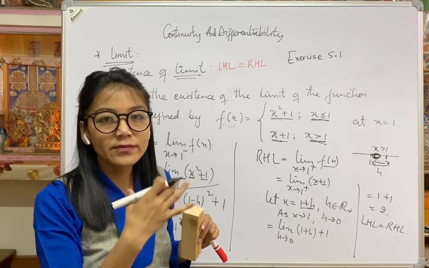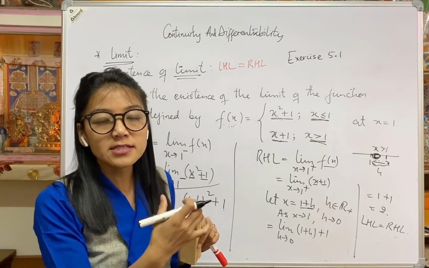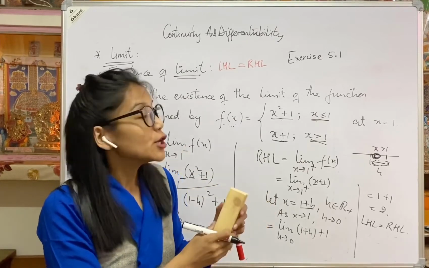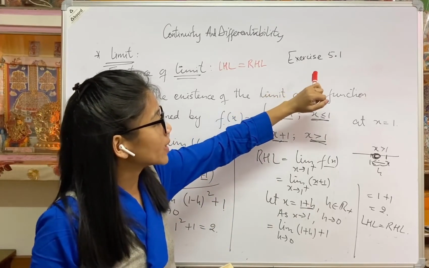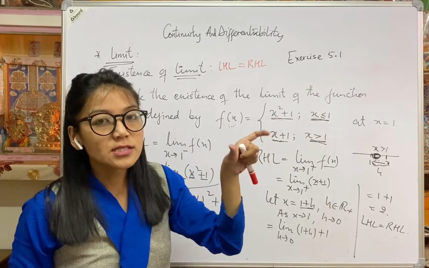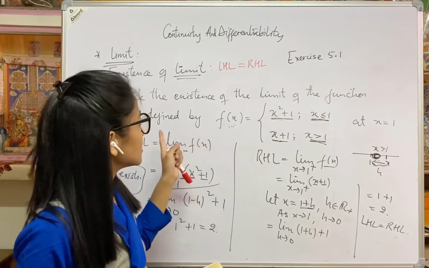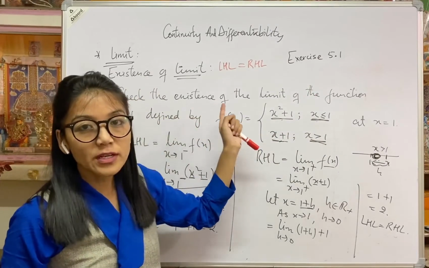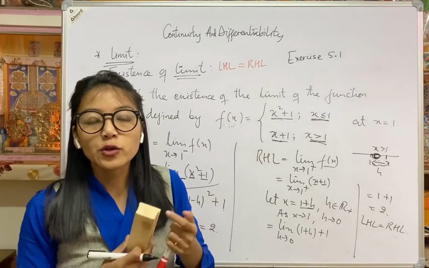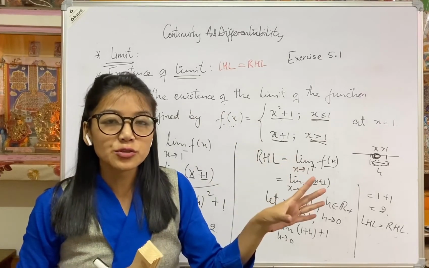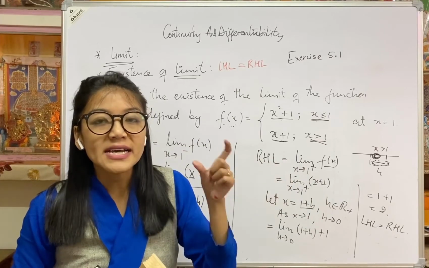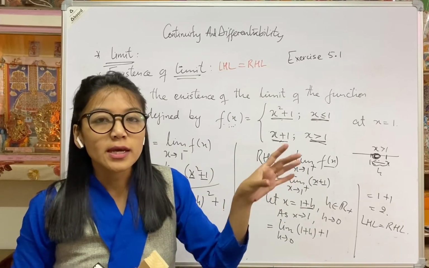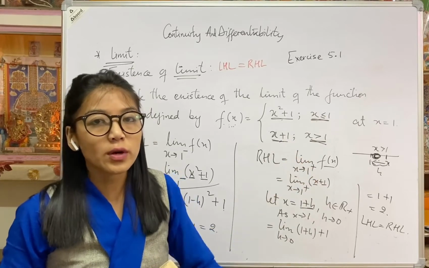Instead of that, you will consider check the existence of the limit of the given function. If the question asks to check the continuity of the function, you will skip that and change the question to check the existence of the limit of whatever function you are given.